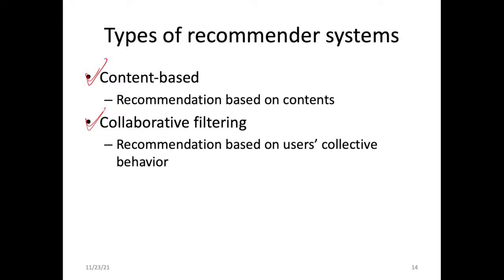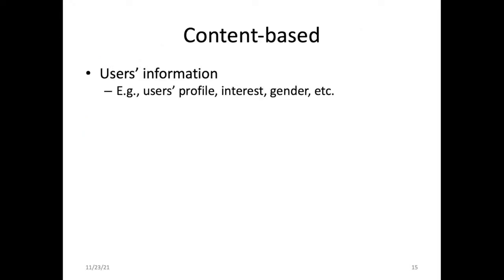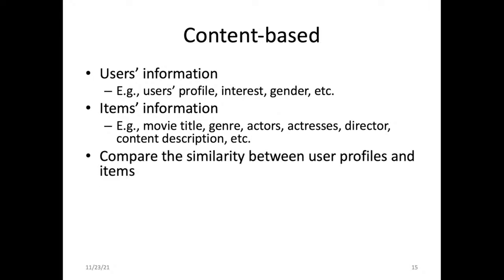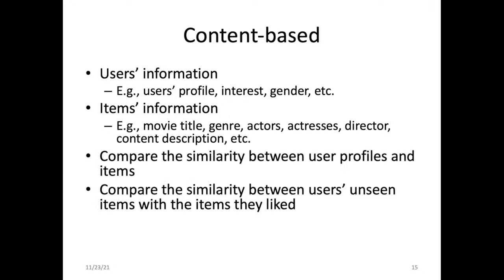That's the only clue. So let's first talk about content-based. You may have users' profiles, their interests, their genders, and so on. And you might also have item information like movie's title, the actors and actresses, directors, content description, and so on. And you could compare the similarities to make predictions.